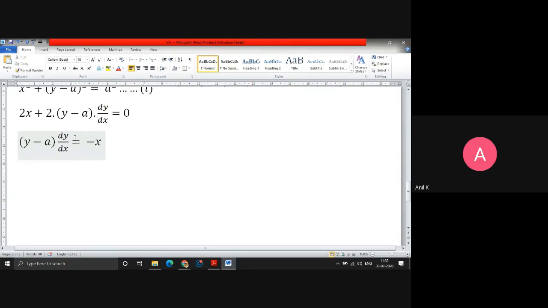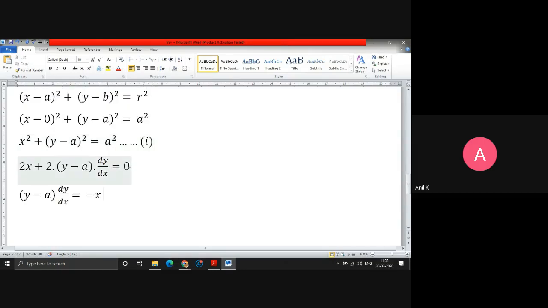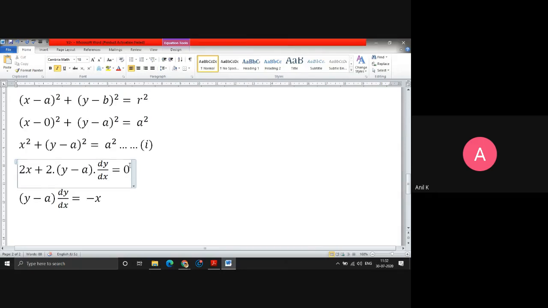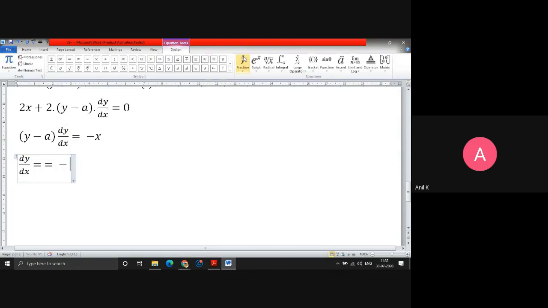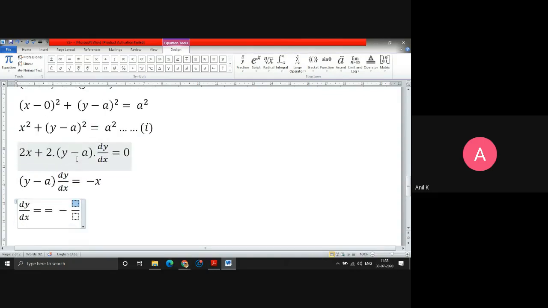Now how can I remove this dy by dx value from the given equation? Just a minute.